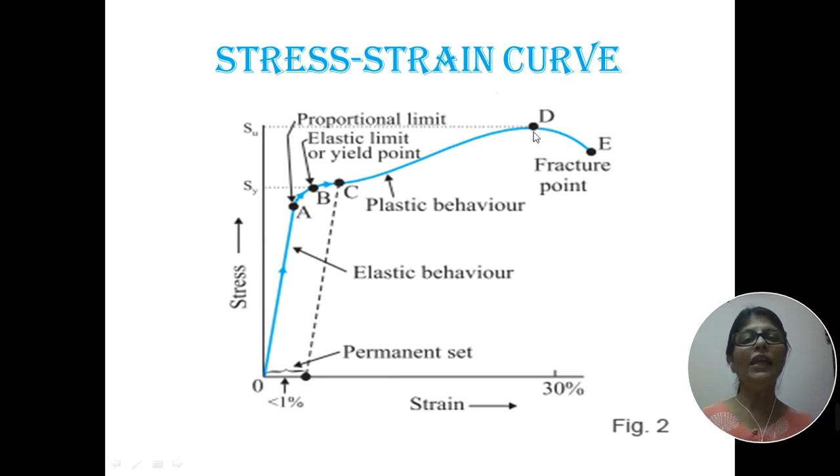Now the brittle material usually shows fracture at this point, but if it has some elastic properties, then it shows necking and later on it fractures at this point. So the area from A to E, the area under this complete curve, represents the toughness.